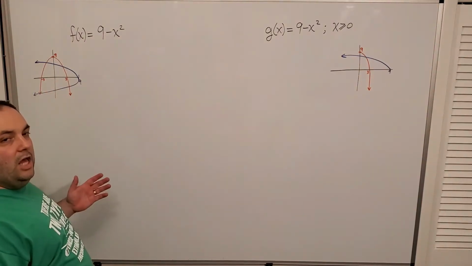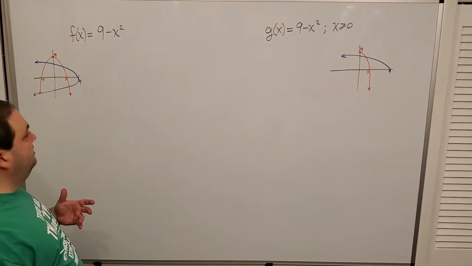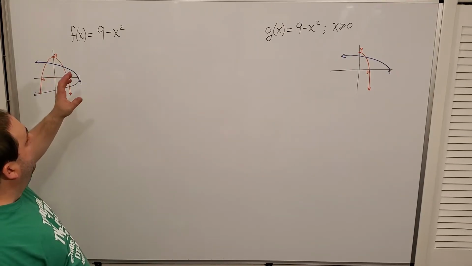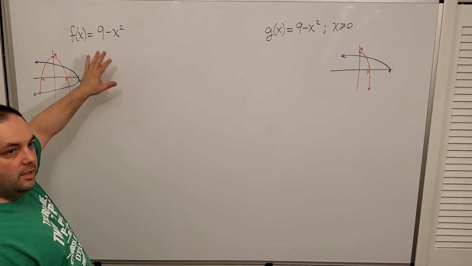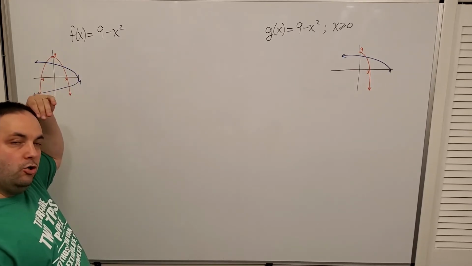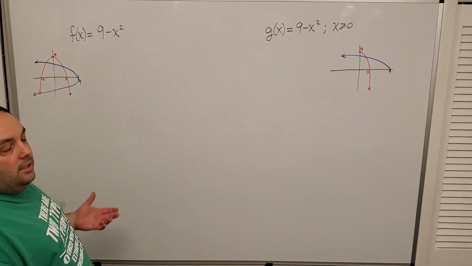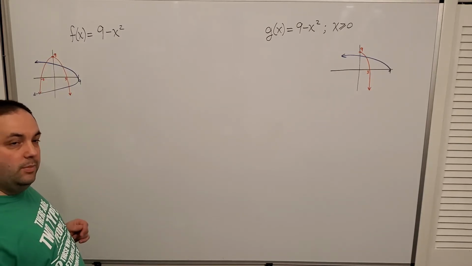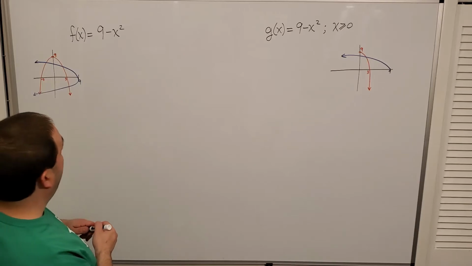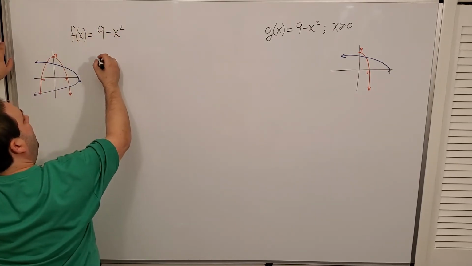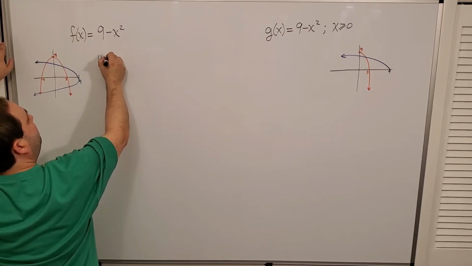Now let's look on the algebra side, how we would be able to tell if we hadn't graphed it. How could we tell that this wasn't something that was going to work when I'm trying to create the actual inverse function equation? It ends up not being a function equation, it just ends up being an inverse, right? So here we go. Right here, I would use y, not f of x.